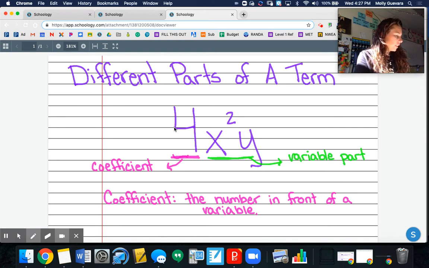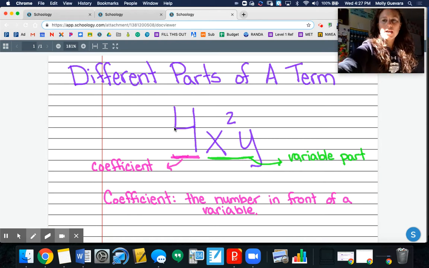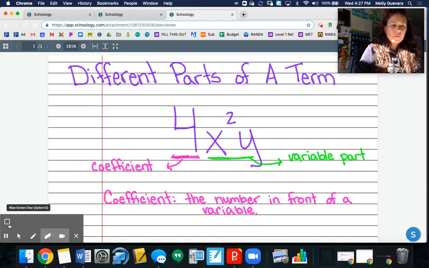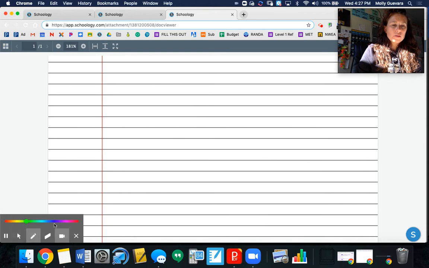Okay, and so what we're going to do now is we're going to do 3 examples of how do we combine like terms and how do we actually add these expressions together and subtract these expressions from each other and multiply these expressions. So we're going to do 3 examples. So here's our example 1.